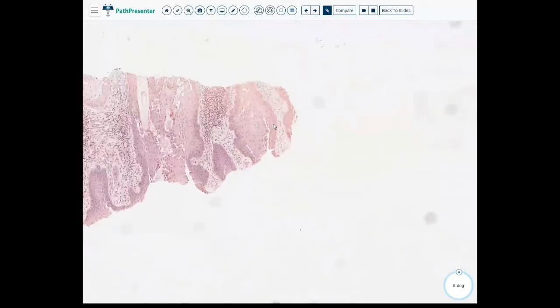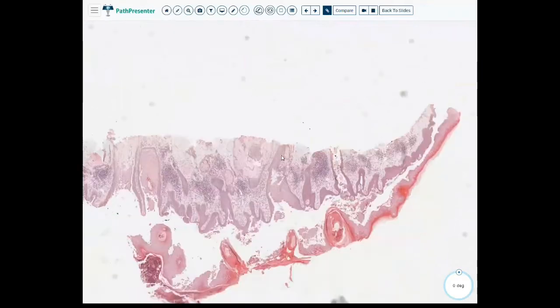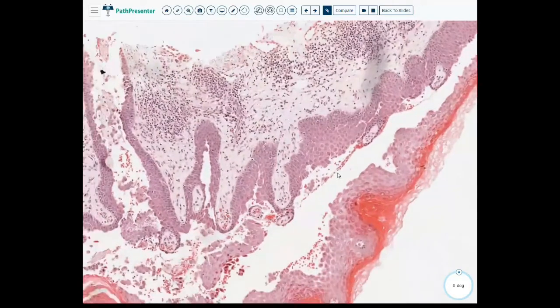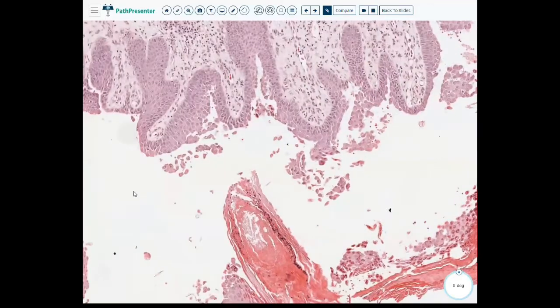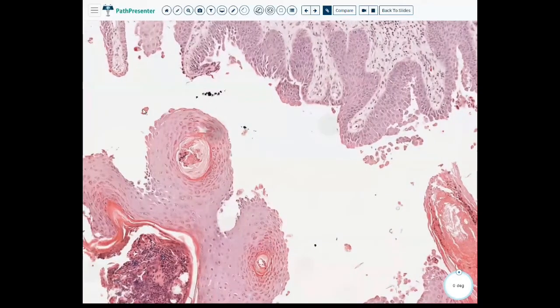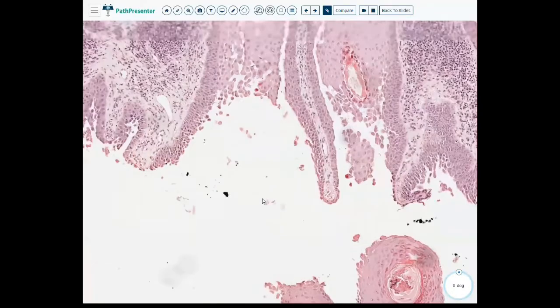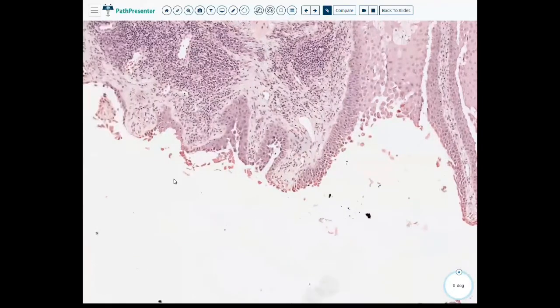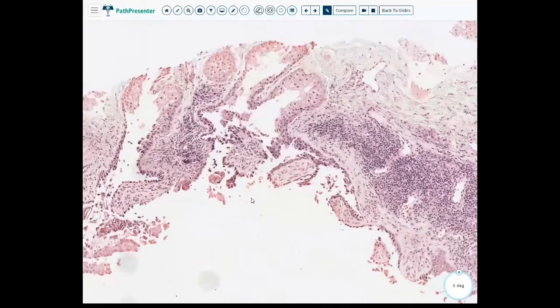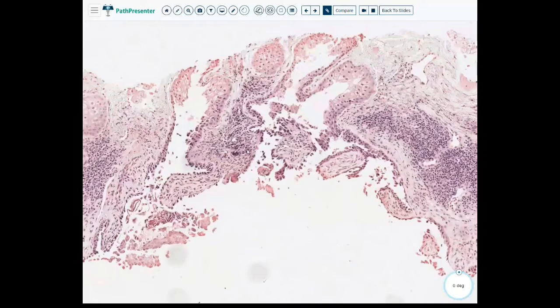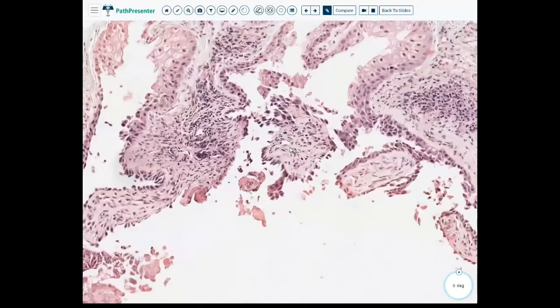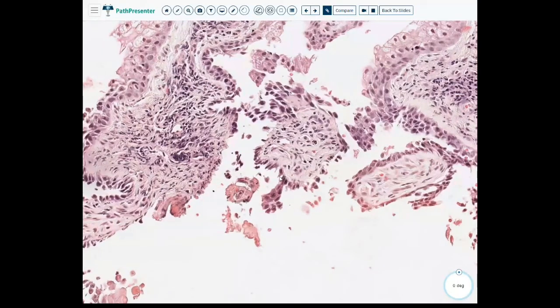Again, this mostly looks like maybe artifactual split. Oh, this is a little better. Unfortunately, it doesn't have the epidermis again, but you can see the basal keratinocytes, these are all intact. Okay, so as you have these areas where there's the cell and then nothing, and then we have the cell again, that's that tombstoning. So this is a case of pemphigus vulgaris.